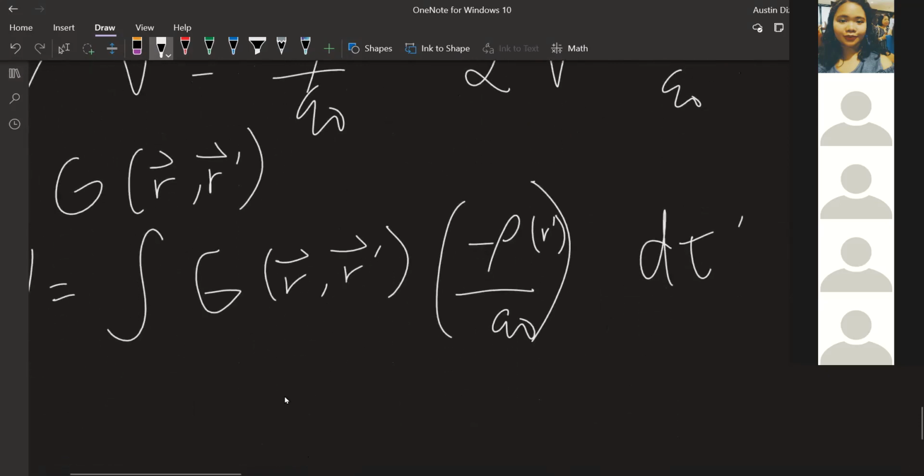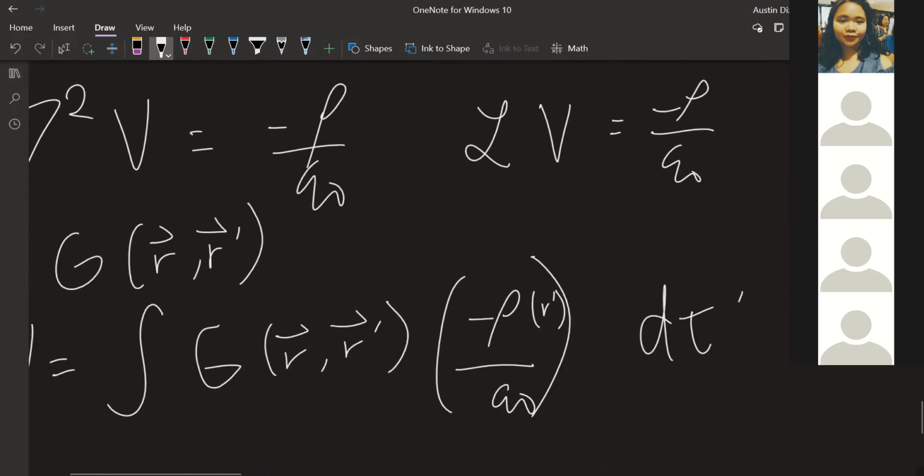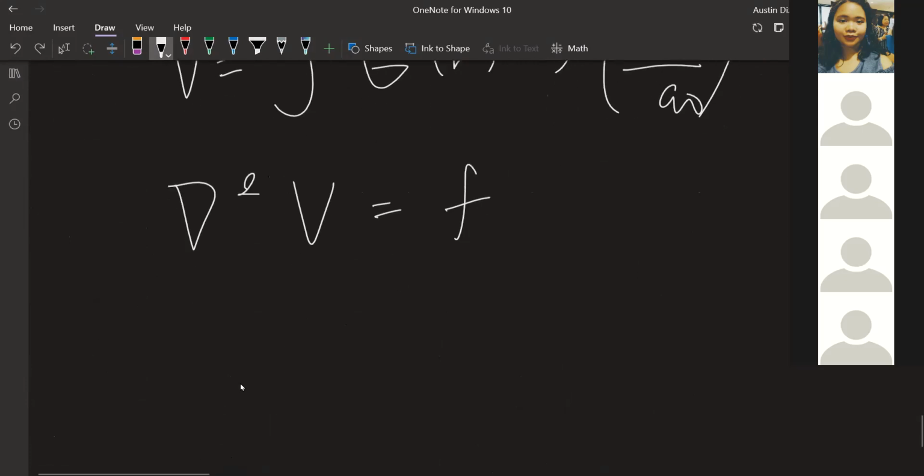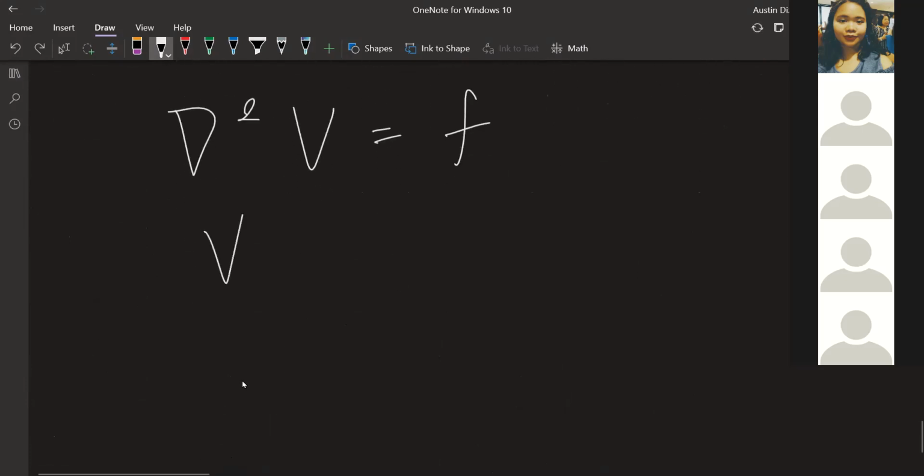Now, meron kasing, look at this. I could always write, di ba, del squared ng V is equal to some function. Some function f, di ba? Now, I could write V as V naught plus V prime.